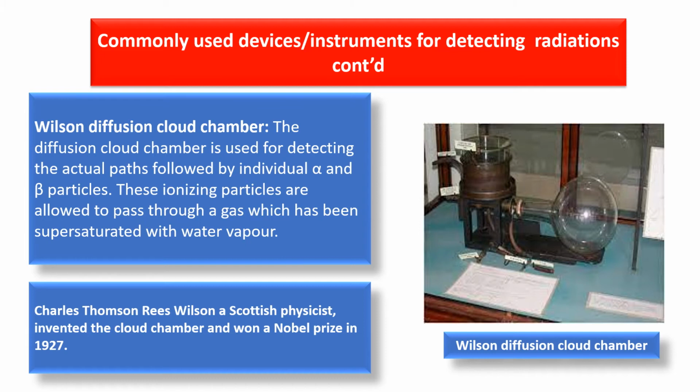This chamber is used for detecting the actual paths followed by alpha and beta particles. This is how the Wilson diffusion cloud chamber is used for detecting the radiation.